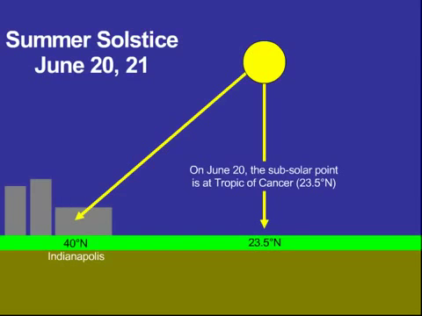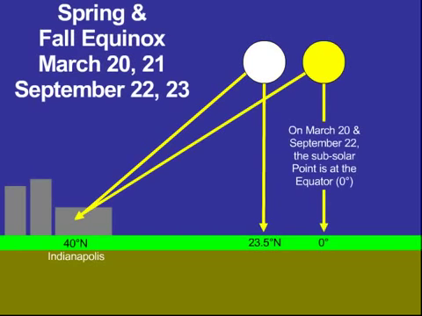Another way to conceptualize the migration of the subsolar point, once again, is thinking about the flashlight example. For the summer solstice, this is the closest we'll get here in Indiana, with the subsolar point directly overhead. Because as the seasons go on, both the spring and fall, the subsolar point is further away, and so that angle is even lower to us here in Indiana when the subsolar point is at the equator.